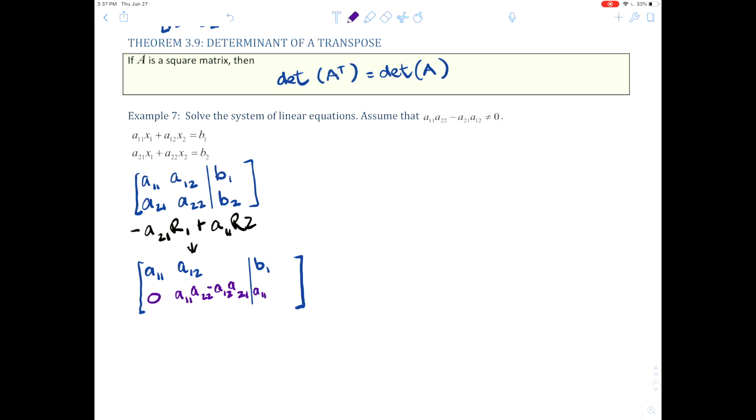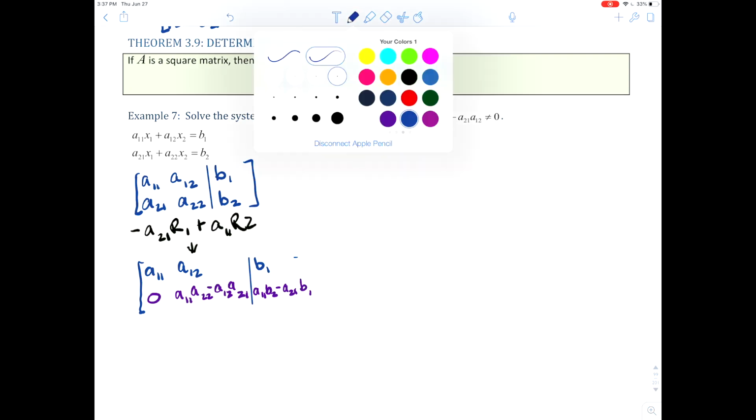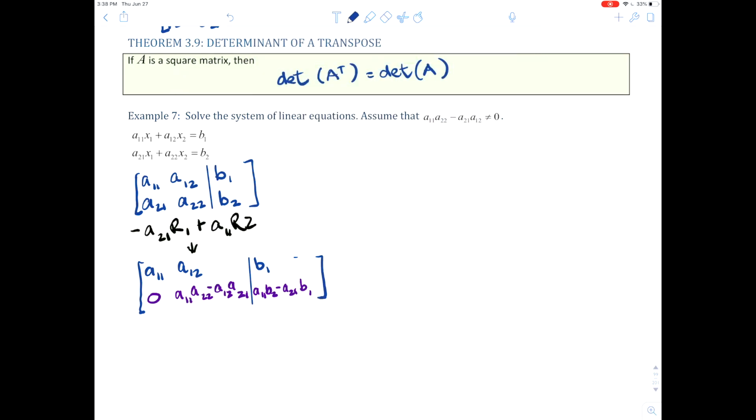I'll do it like that, A11 B2, just to make it prettier, minus A21 B1. Good so far? Very good. Okay. So, what do you think we should do now?